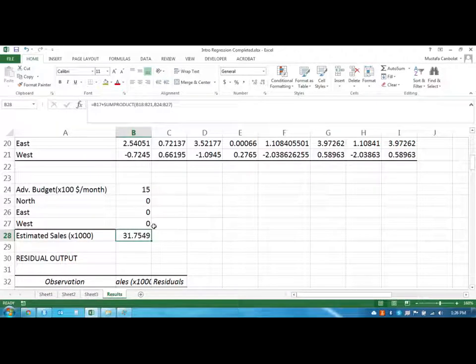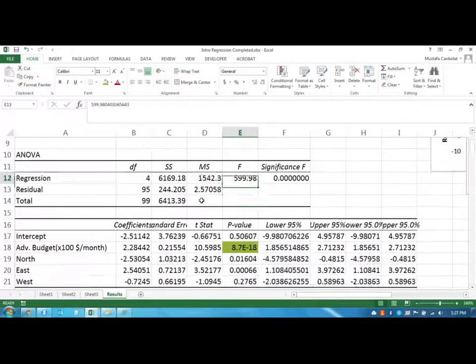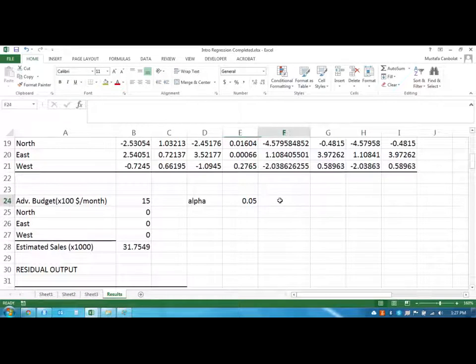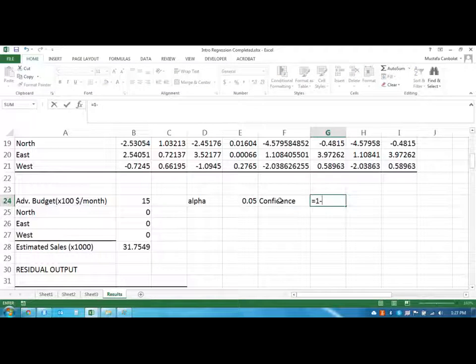So this is our estimated sales, but we could have some kind of a prediction interval on our estimated sales. Let's use an alpha of 0.05, and then the confidence is going to be 1 minus alpha, so 95% confidence.